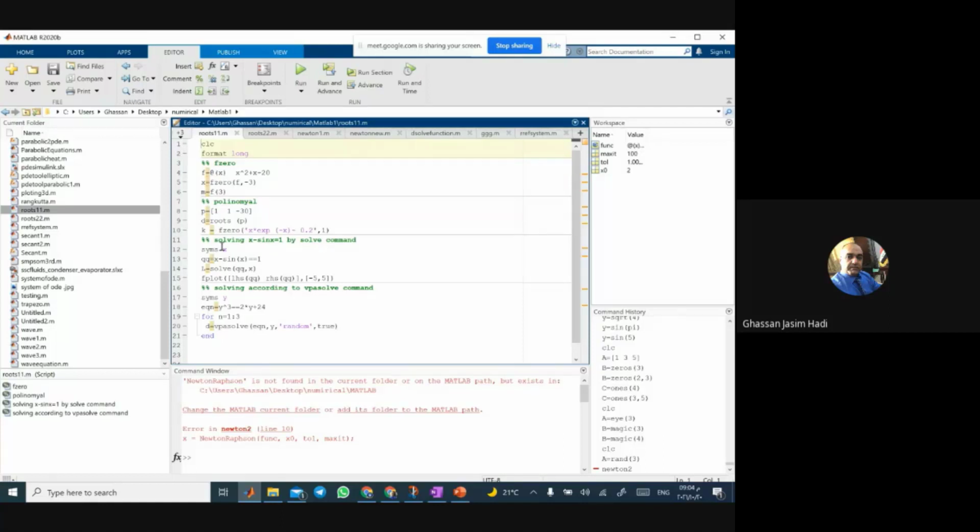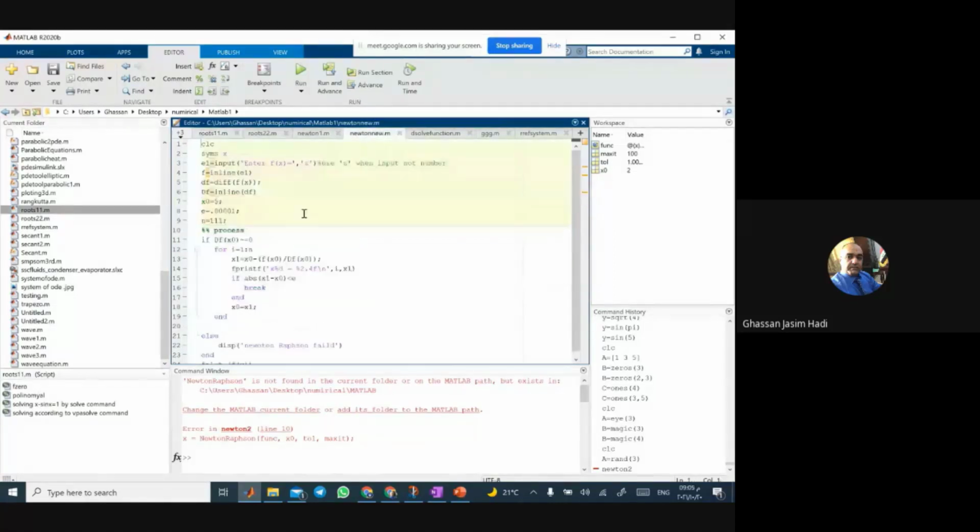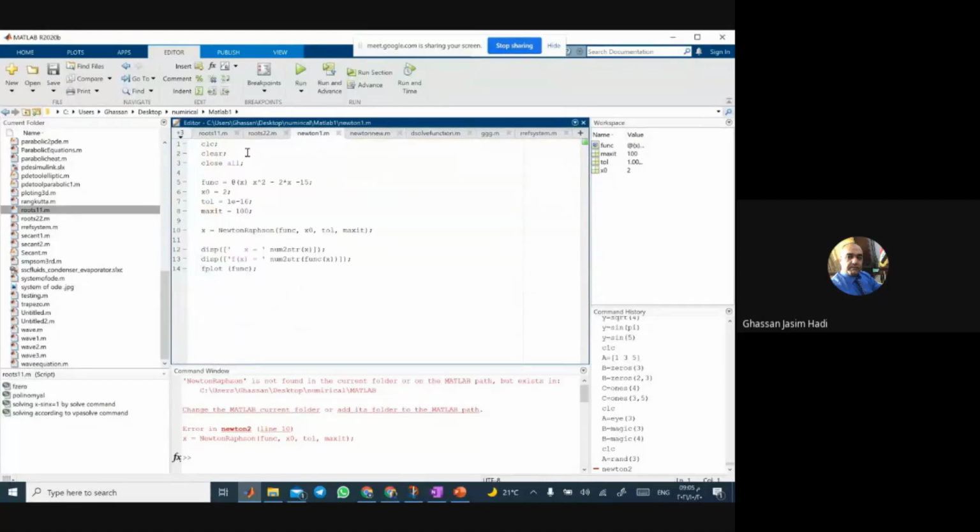commands to solve many questions, like find roots and solve differential and partial differential equations. You just have to know the command and how to use it. You don't need to make a long program like this. For example, where is it?